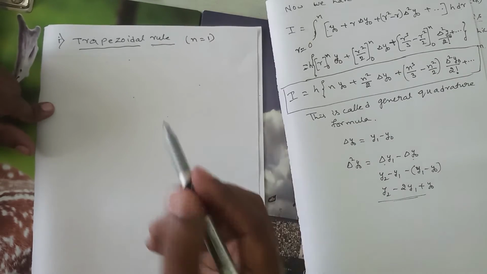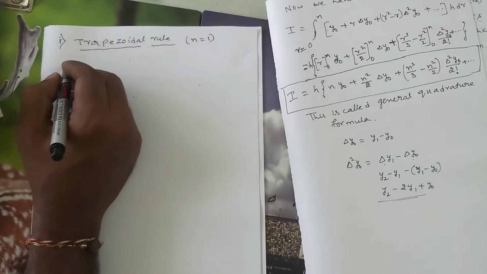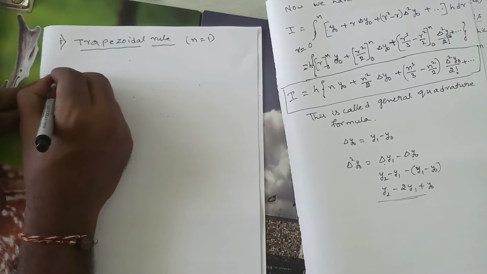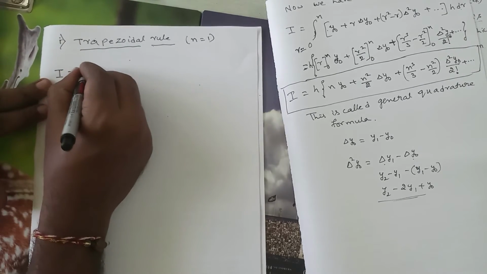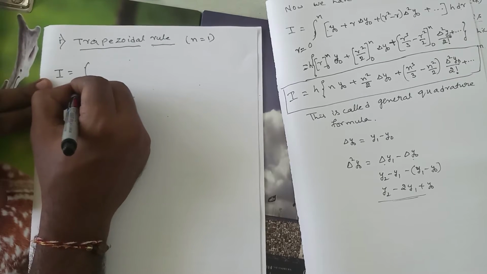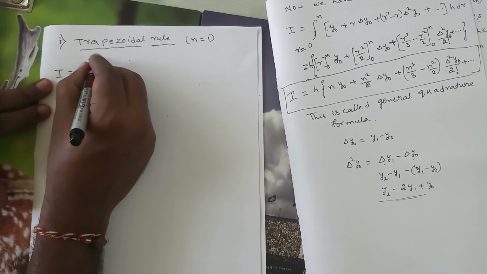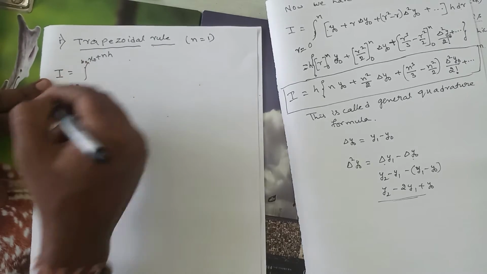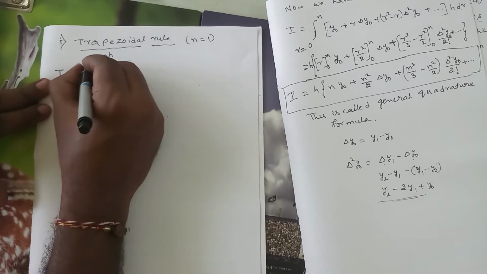So if you simplify, you will get the trapezoidal rule. I define I equals integral from x naught to x naught plus n into h. This is a and this is b here, remember b.